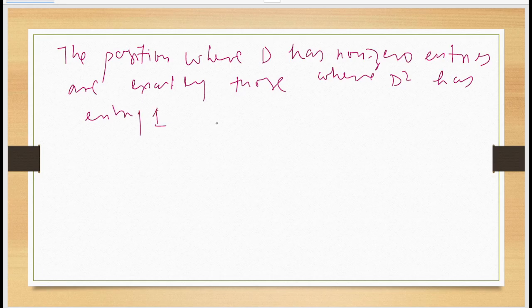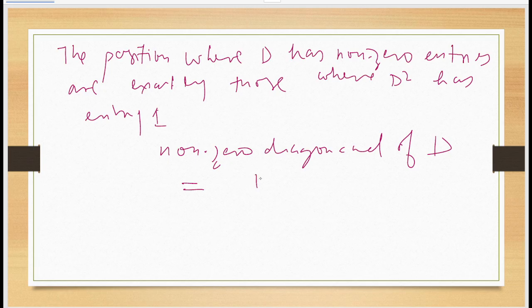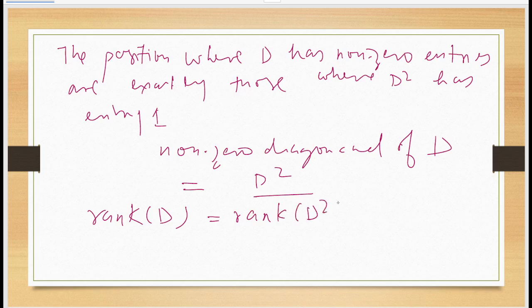So by using this, in this case, the number of non-zero diagonal elements of D is equal to the number of non-zero diagonal elements of D square. So by using this property, we can say here that rank of D will be equal to rank of D square right here.